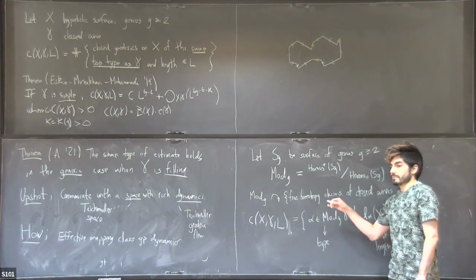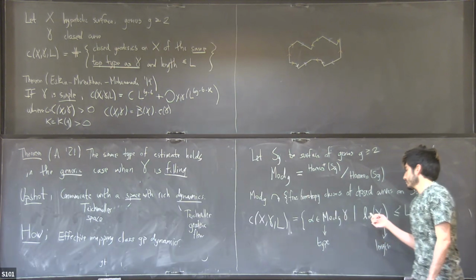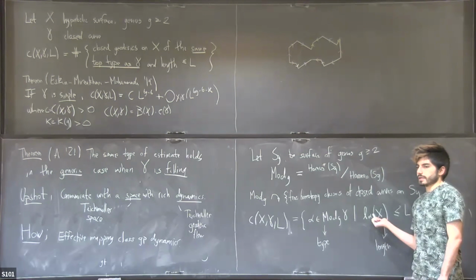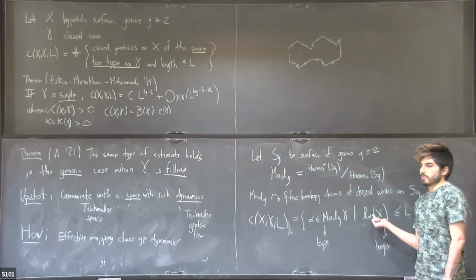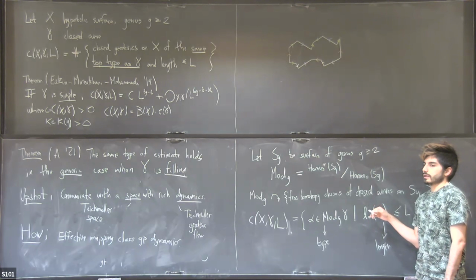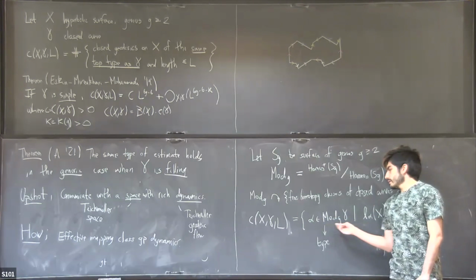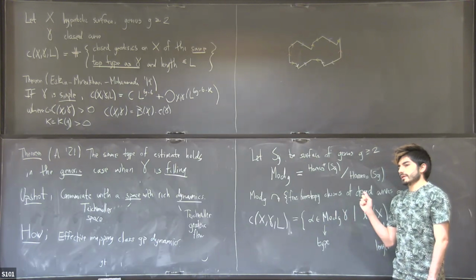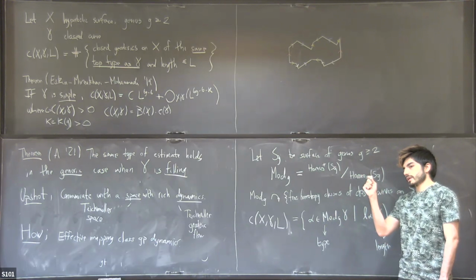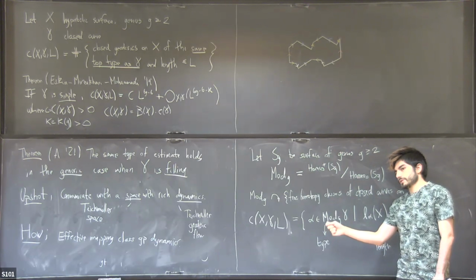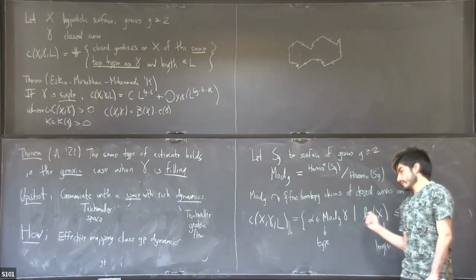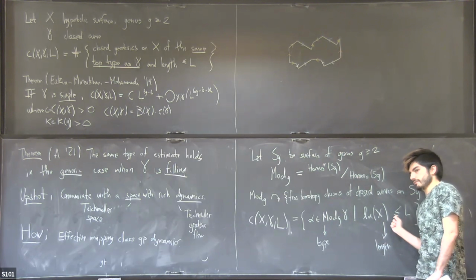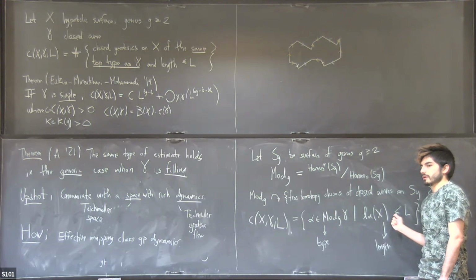You take a curve in the orbit of gamma, and you look at it with respect to the hyperbolic metric X. For each curve in the orbit, I look at its geodesic representative, which is unique, and I check if the length is less than or equal to L or not.